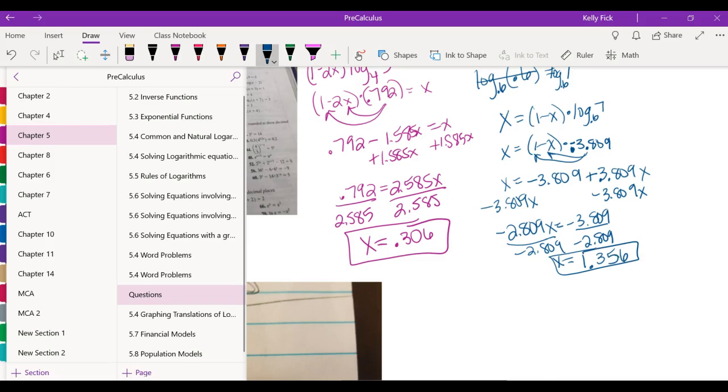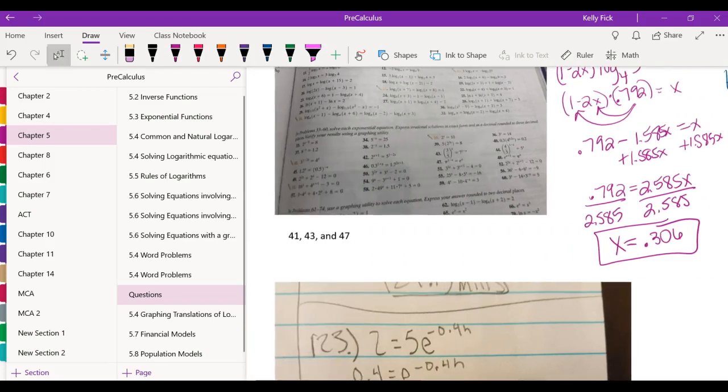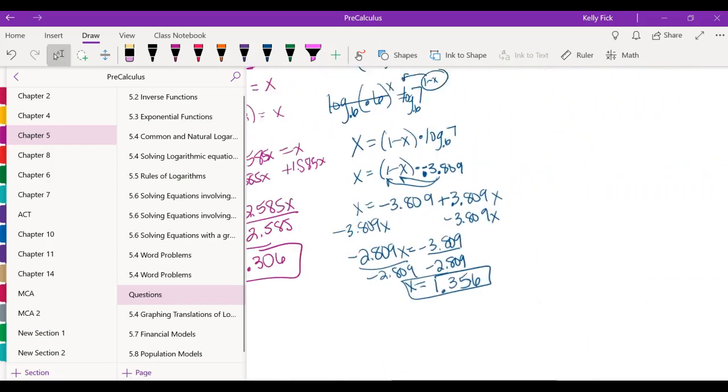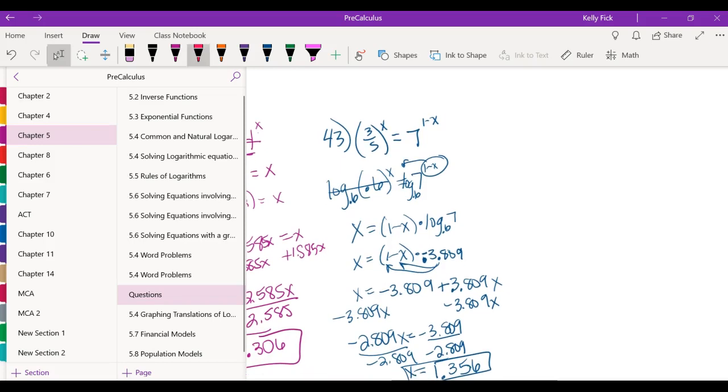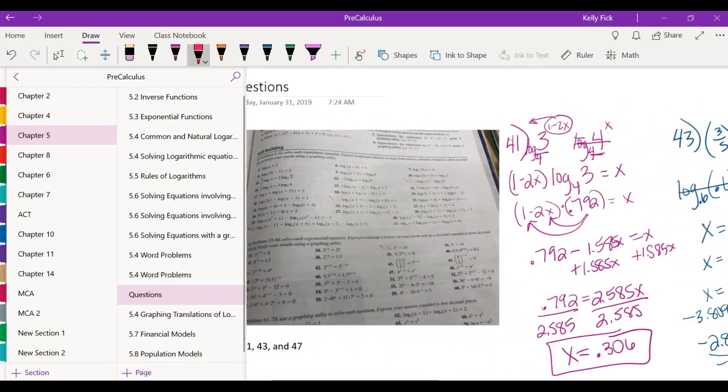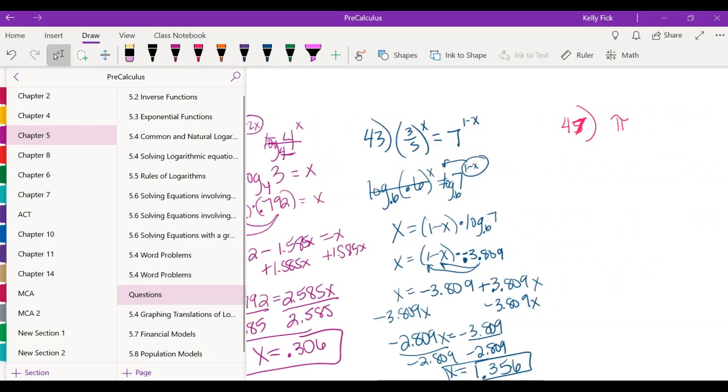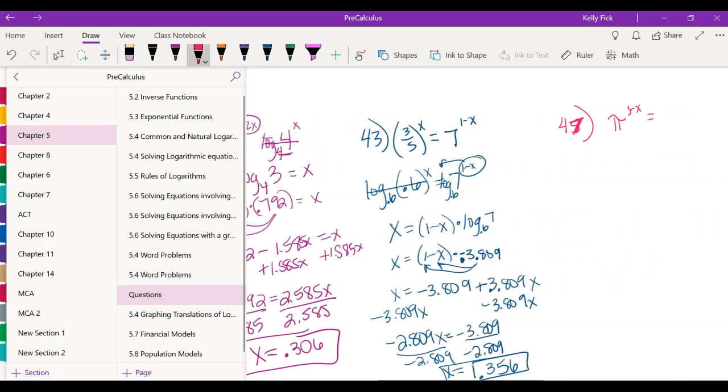Okay, so next we have 47. So it's pi to the 1 minus x equals e to the x.